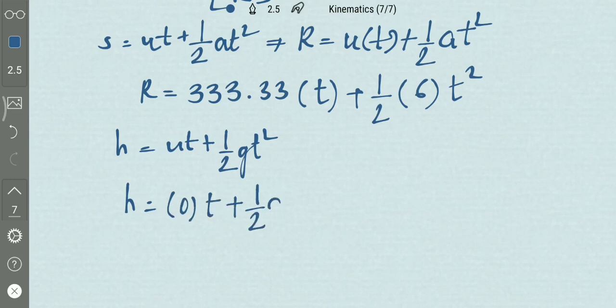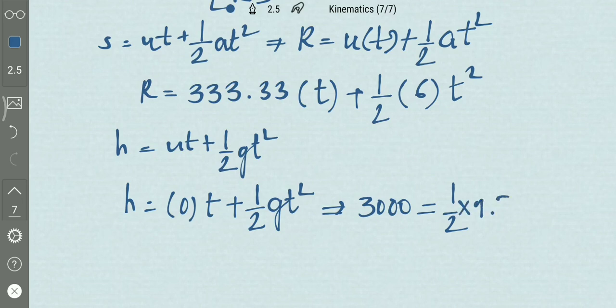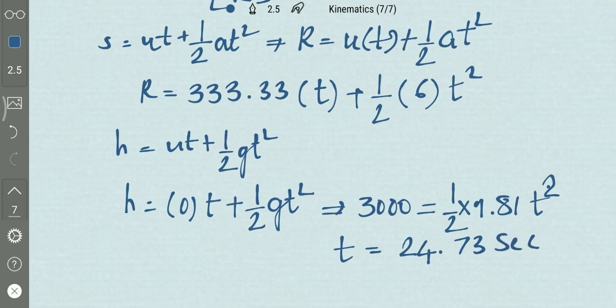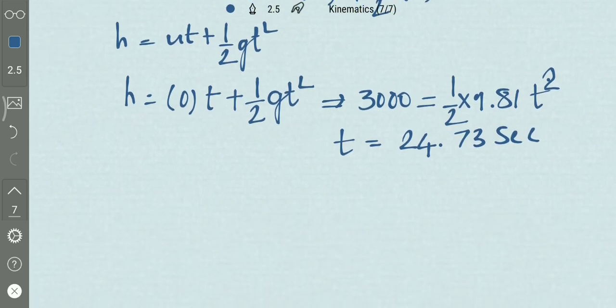The initial velocity is 1200 kilometers per hour in the horizontal direction, and in the vertical direction it is 0. So we get 3000 meters equal to half into 9.81 t squared. If you calculate this, t is 24.73 seconds. In 24.73 seconds it can reach the point B.